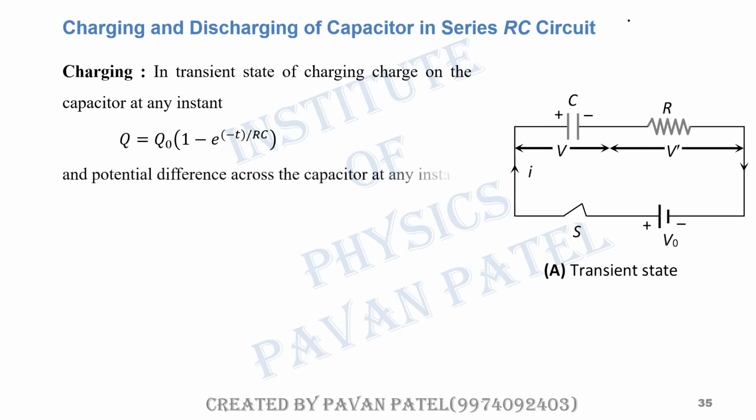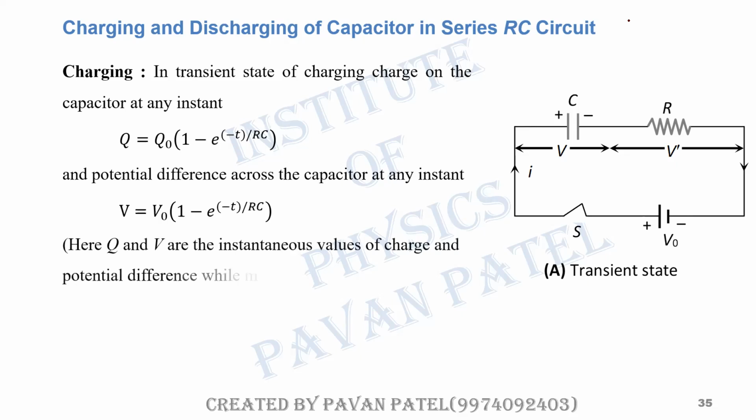The potential difference across the capacitor at any instant is v equal to v0 (1 minus e raised to minus t upon RC), and that also is proven. Remember that q and v are the instantaneous values of charge and potential difference, while the maximum charge on the capacitor is q0 equal to CV0. That also we discussed. So please remember these two formulas and those four short techniques.